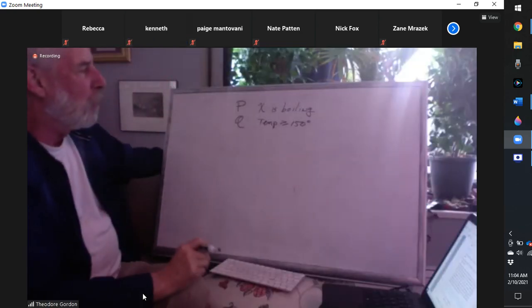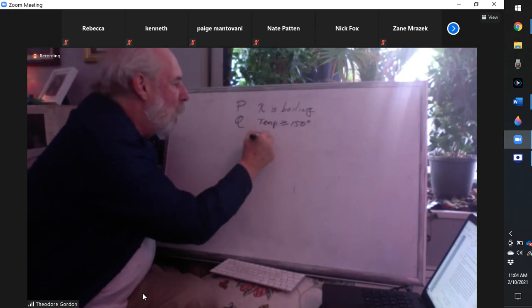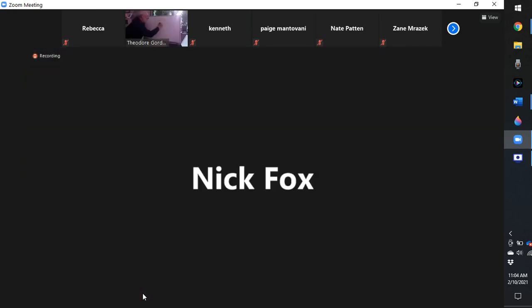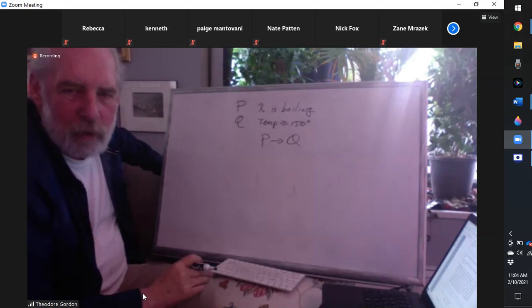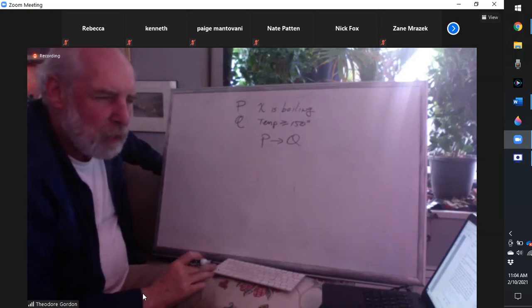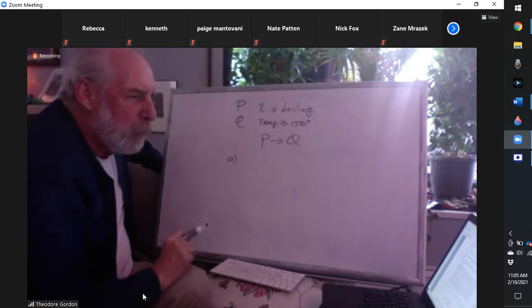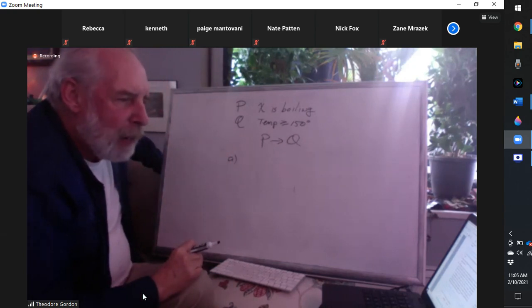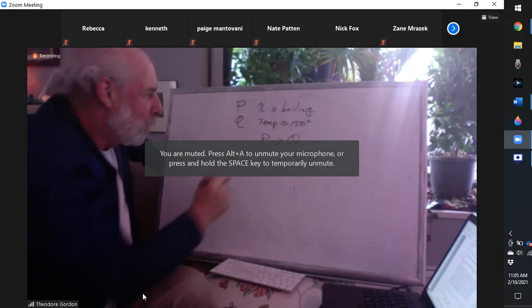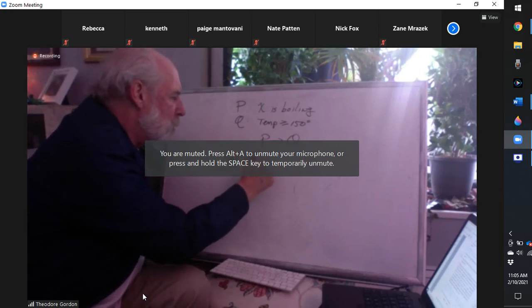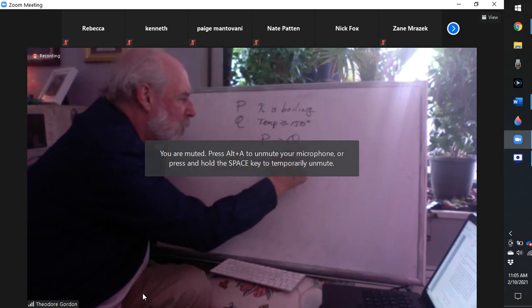So there's the two statements, right? We have, if compound X is boiling, then its temperature is at least 150 degrees. Right, so I've done that. So statement A, converting them to symbols works well. Statement A says Q then P, and that is false, right?